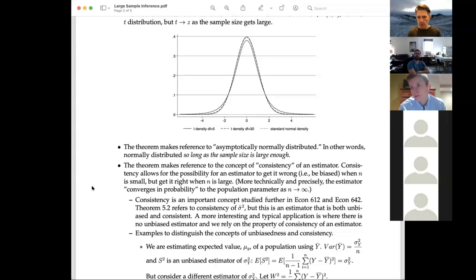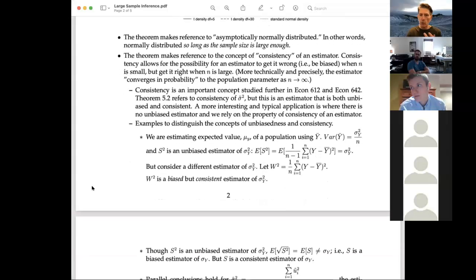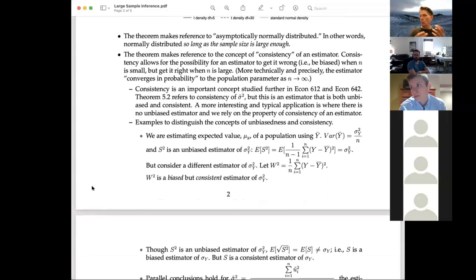And I think the easiest way to understand this is through examples, to recognize what it means to have an estimator that's biased but consistent, right? Up to this point, we've only talked about unbiased estimators. Now we're going to say, well, we can have an estimator that's biased but consistent.